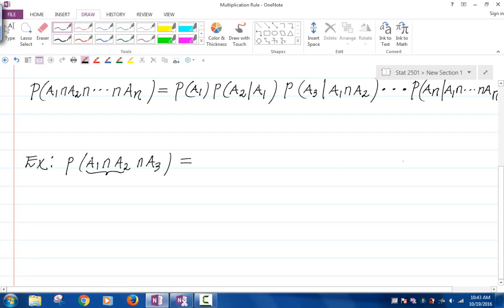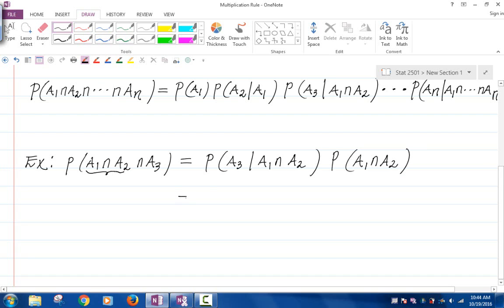In that case, by the multiplication rule, this is the probability of A3 given A1 intersect A2 multiplied by the probability of A1 intersect A2, right? That's one application of the multiplication rule.